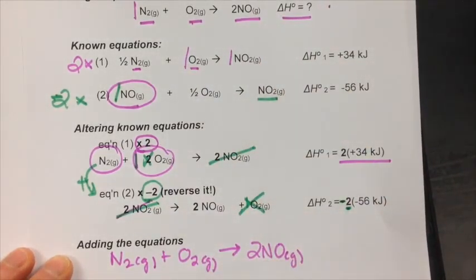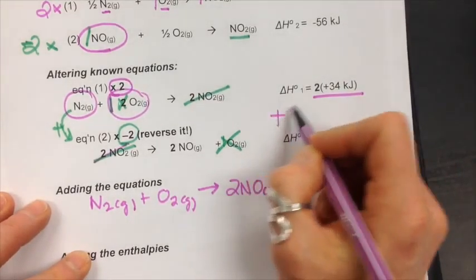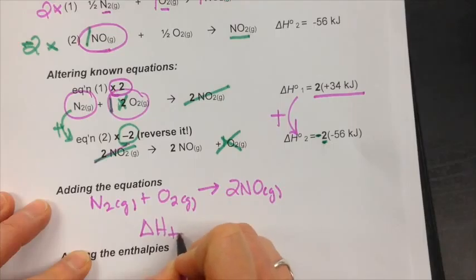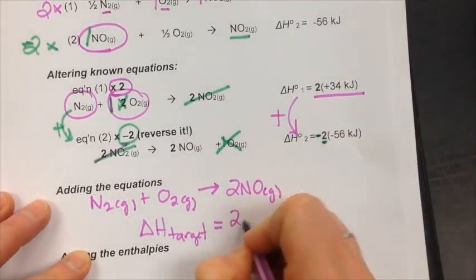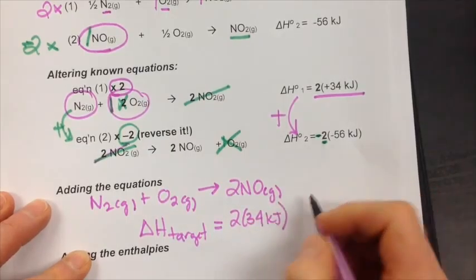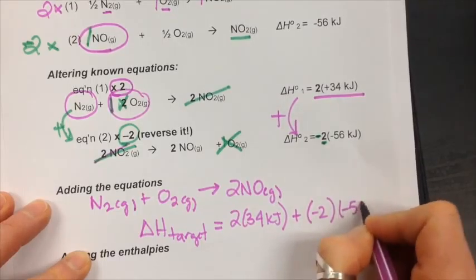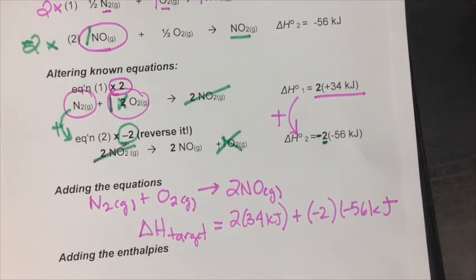To figure out the delta H, I'm going to do the same thing. So I'm going to add these 2. So my delta H of my target is simply 2 times 34 kilojoules plus -2 times -56 kilojoules. And now you simply have to do the math that goes along with that.